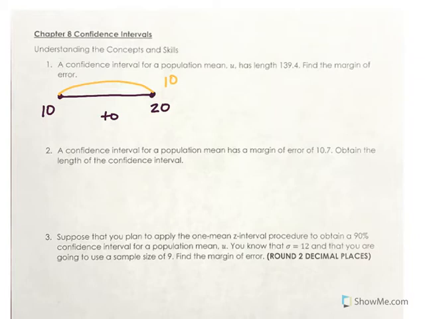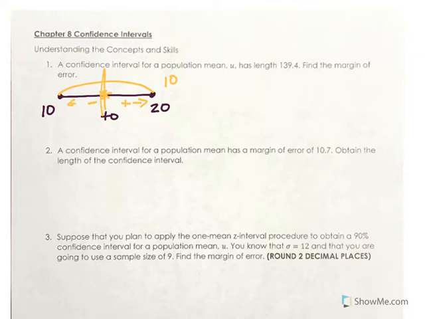So in order for me to get 10 and to get 20, whatever was in the middle would be your mean. You had to add something to that number to get your 20, and you had to subtract something to get your 10. So your margin of error would be what you added this way, the same number you subtracted to the left.